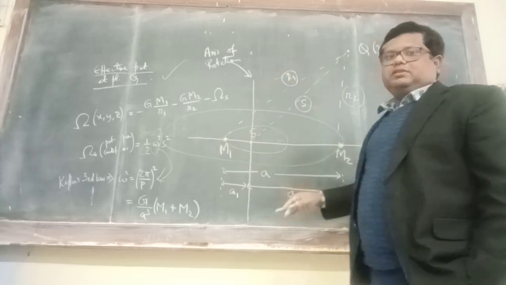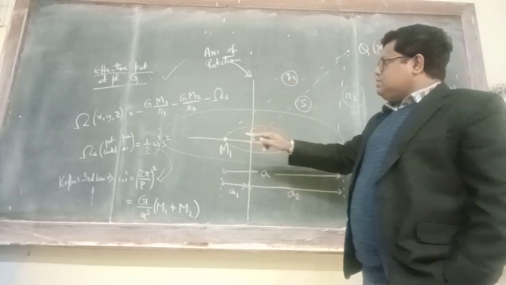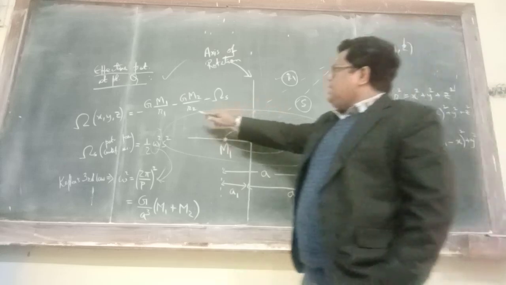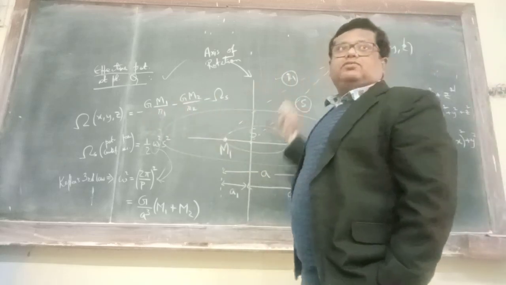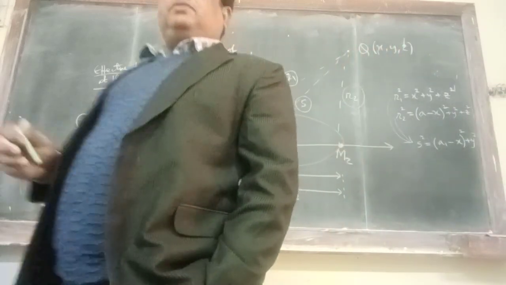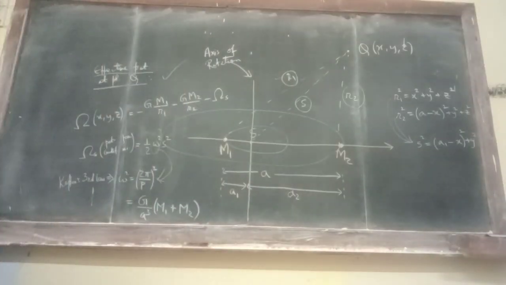So this is more or less the simplified structure. With this, let us try to write the effective potential using all these relations and see what you get.